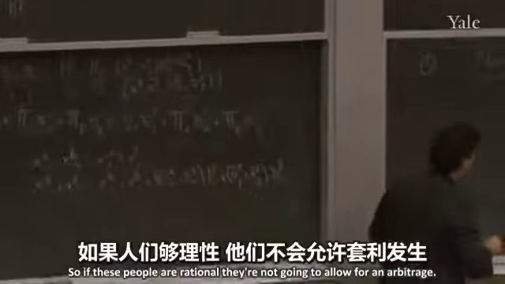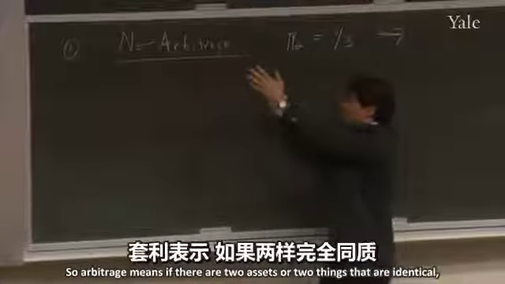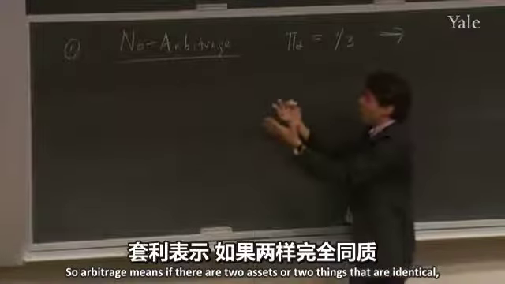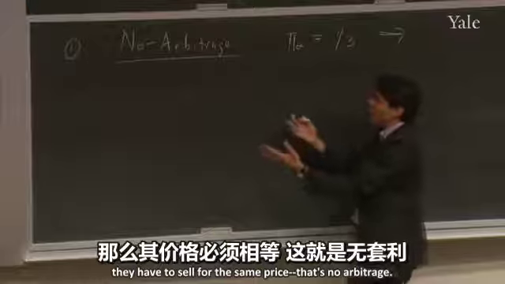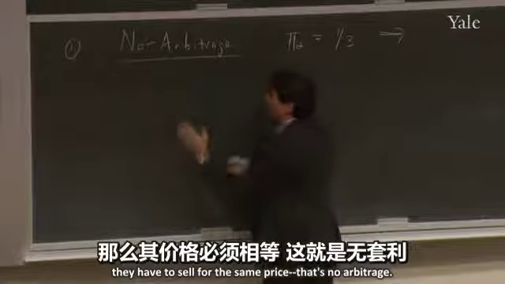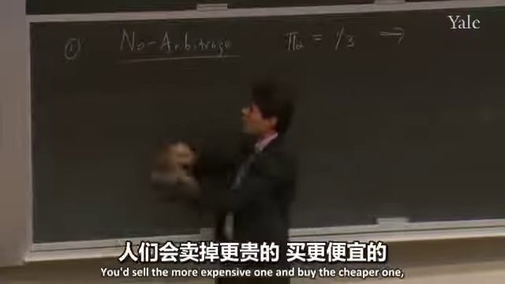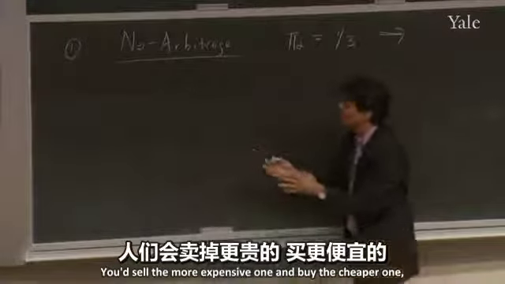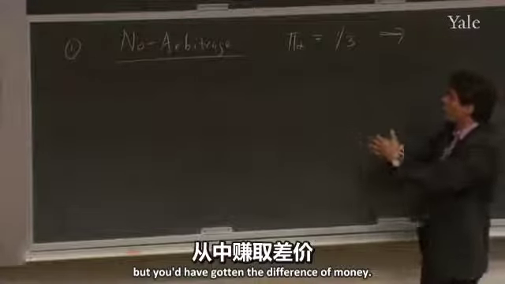So if these people are rational, they're not going to allow for an arbitrage. Arbitrage means there are two assets or two things that are identical. They have to sell for the same price. That's no arbitrage. If they sold for a different price, there'd be an arbitrage. You'd sell the more expensive one and buy the cheaper one, and you'd have accomplished a perfect trade-off, but you'd have gotten the difference in money.